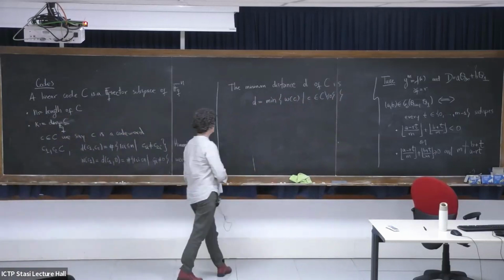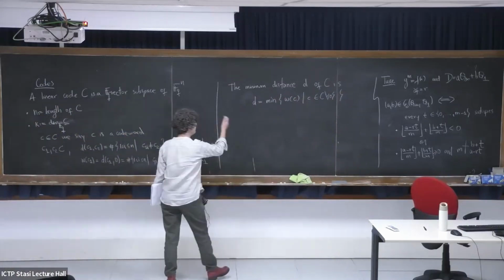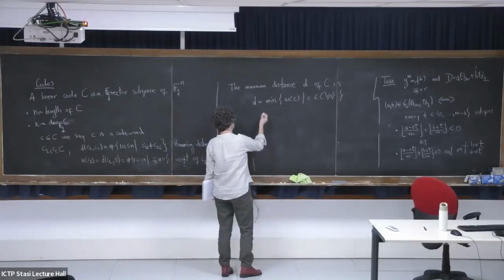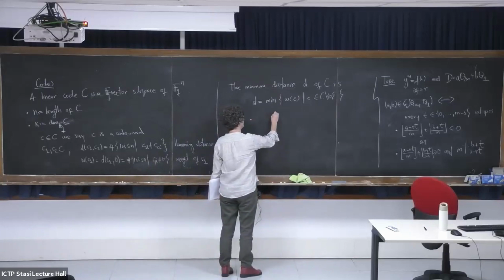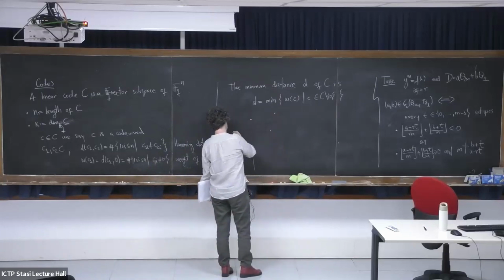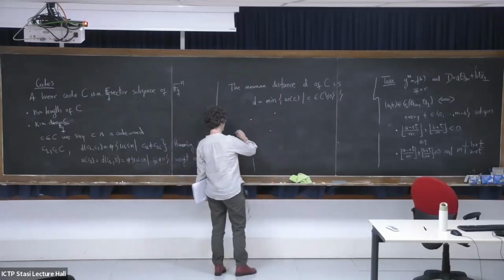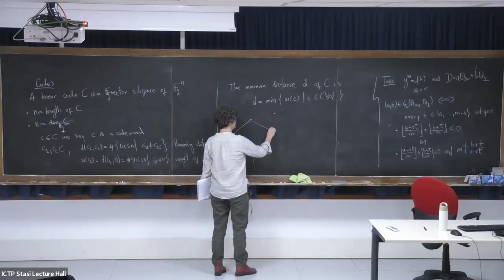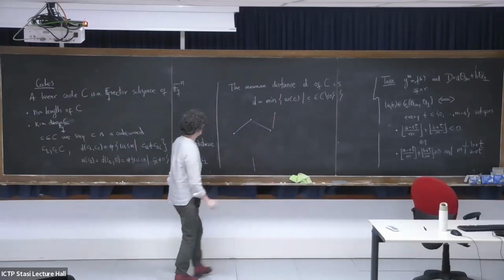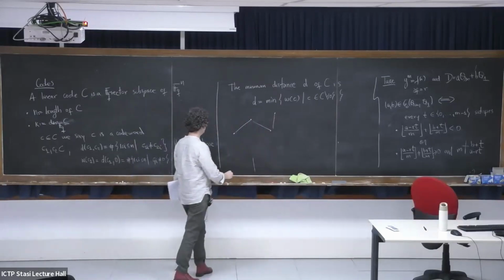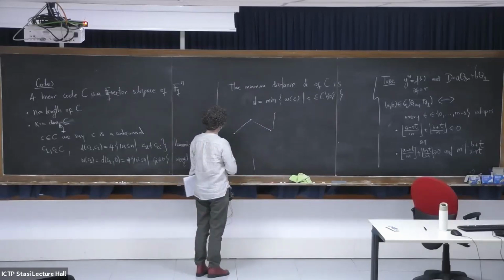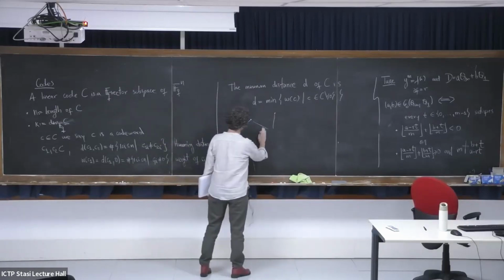We are over finite fields, so your code has a finite number of vectors. This minimum distance tells you how far away the words are from each other, and this can help you to correct errors.